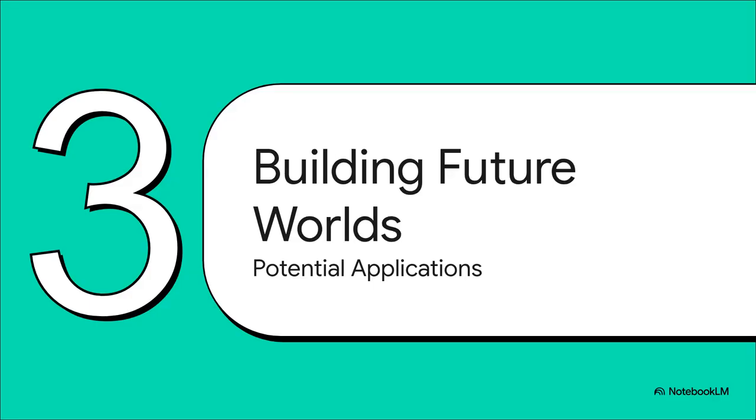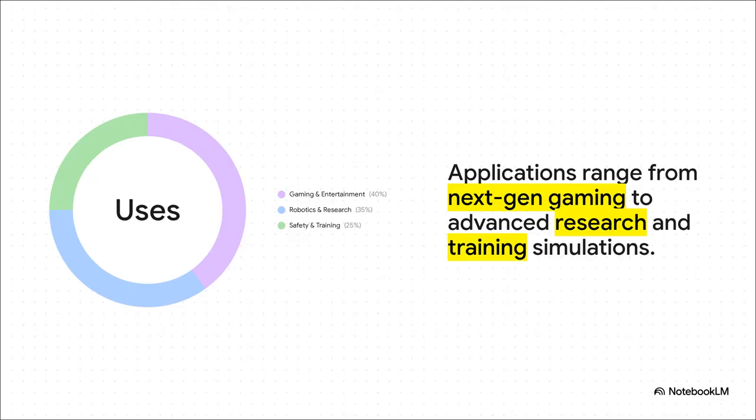Okay, Section 3, building future worlds. So we've seen how it works, but the bigger question is, why does this matter? What's the point? So yeah, next-gen gaming and entertainment, that's the obvious first stop for sure. But the applications here go so much further. We're talking about massive leaps forward in things like research and robotics, not to mention creating these incredible new tools for safety and training simulations.